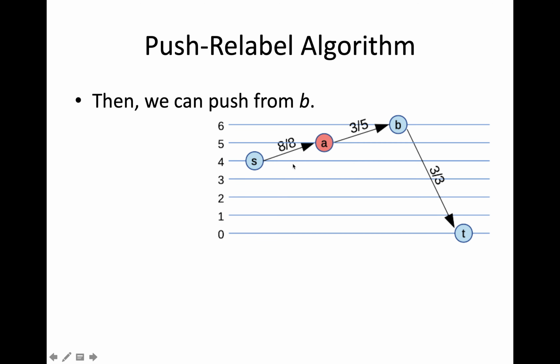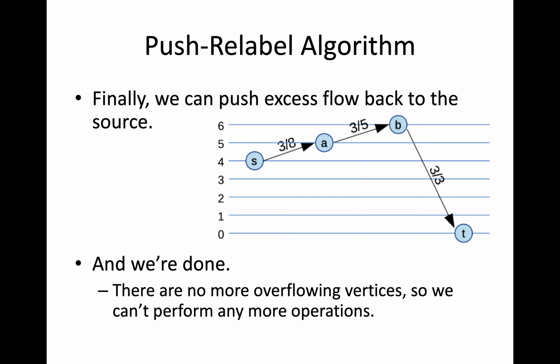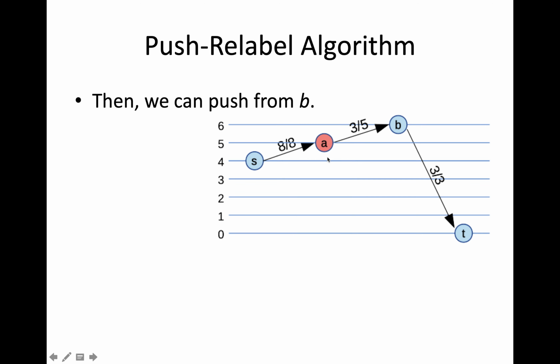I could take back up to 8 units of flow going from S to A. My picture doesn't show it super well, but think of this as a residual edge from A back to S with a capacity of 8. A is overflowing by 5, and there's enough residual capacity from A back to S to push all 5 of those overflowing units back to S.